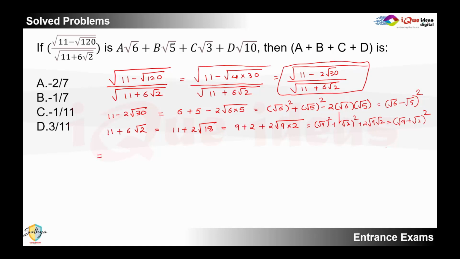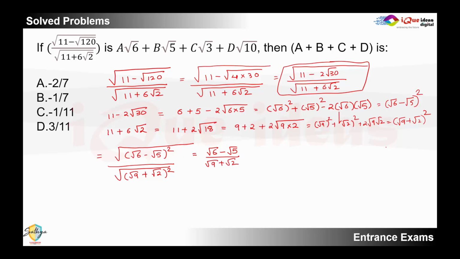I can rewrite this as the square root of root 6 minus root 5 the whole square upon the square root of root 9 plus root of 2 the whole square. The root sign and the power of 2 take care of each other. So this becomes root 6 minus root 5 upon root 9 plus root 2.